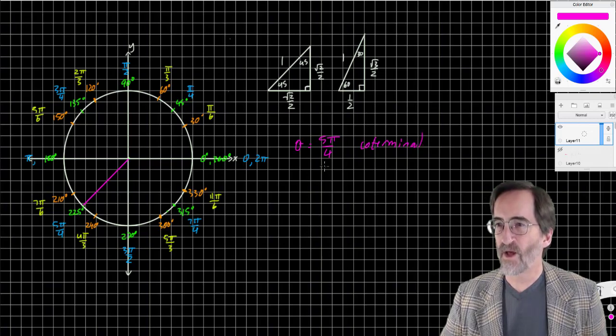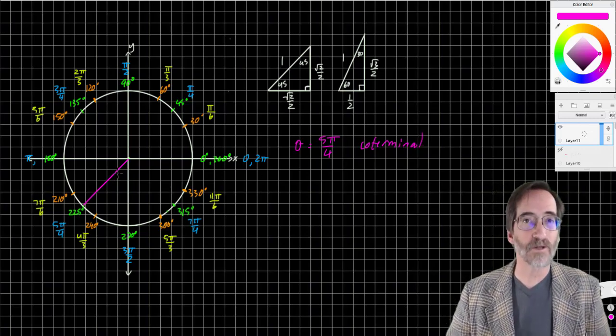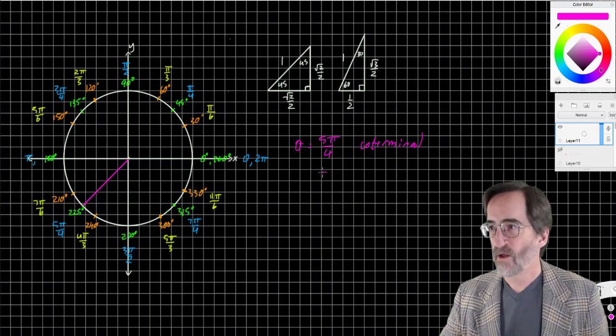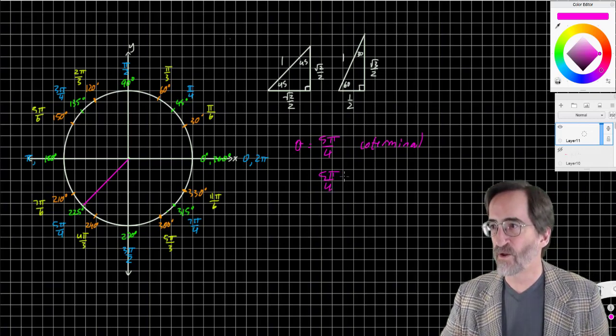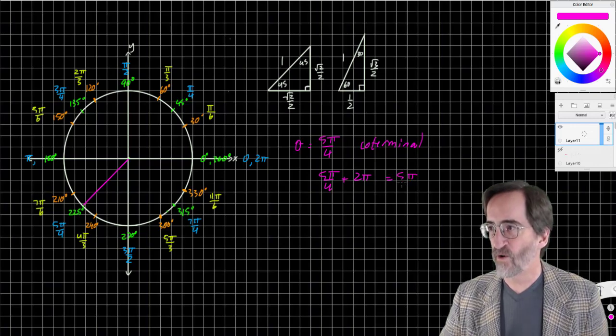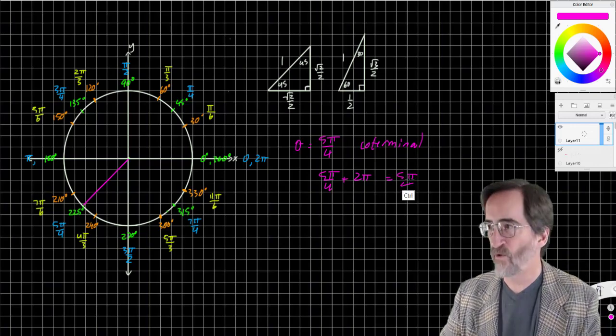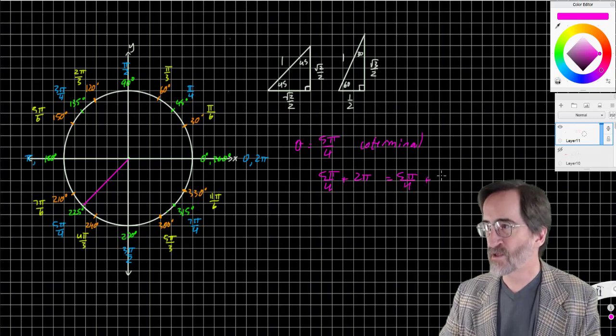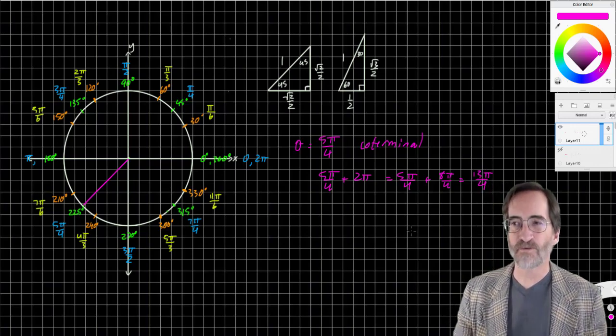Well, first of all, I can go all the way around the circle again. I can add 2 pi. So 5 pi over 4 plus 2 pi, which is 5 pi over 4 plus 8 pi over 4, or that is 13 pi over 4, right? So that's coterminal. You can go around again.